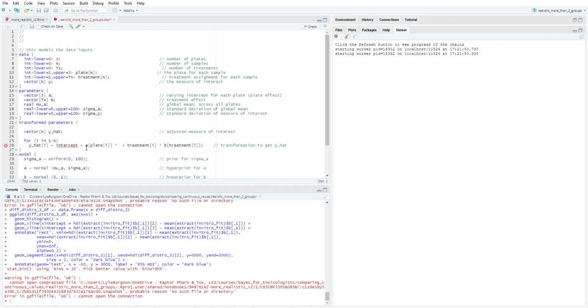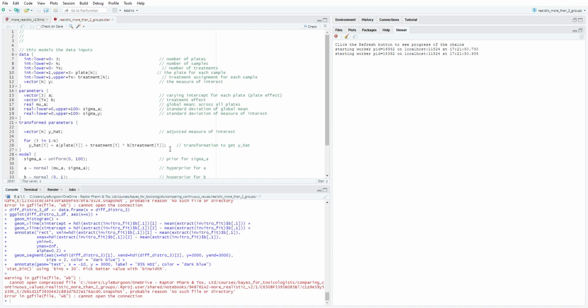It would actually be A plate times, I don't know, let's call it eta plate. I could also do that. That would be allowable. But for right now, this is the model that we're running with. And so the intercept will be the plate effect, and then we've got a treatment effect.